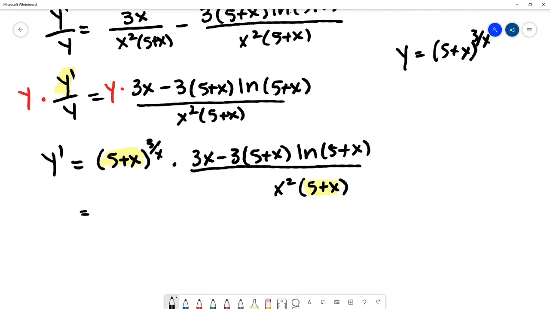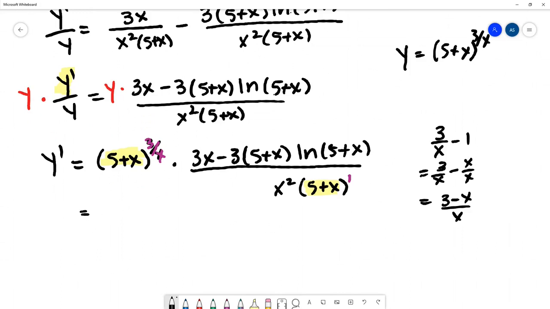Here we are dividing with the same base, so I would use the quotient rule. With the quotient rule for exponents, you subtract the exponents, so you would do 3 over x minus 1. 3 over x minus 1 would be 3 over x minus x over x. That's 3 minus x over x.